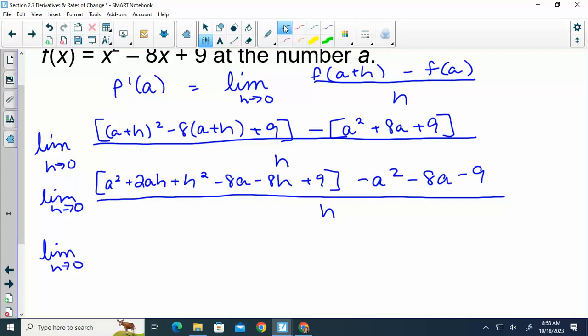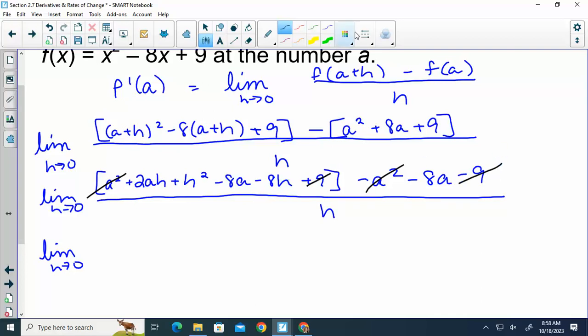So then we should see some things cancel. A squared and a squared drops. What else? Combine.